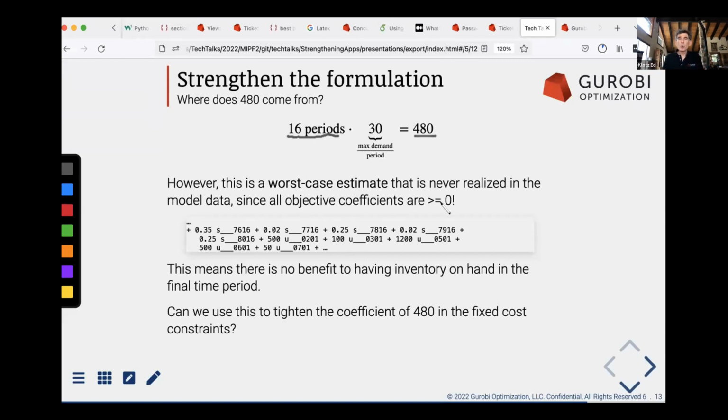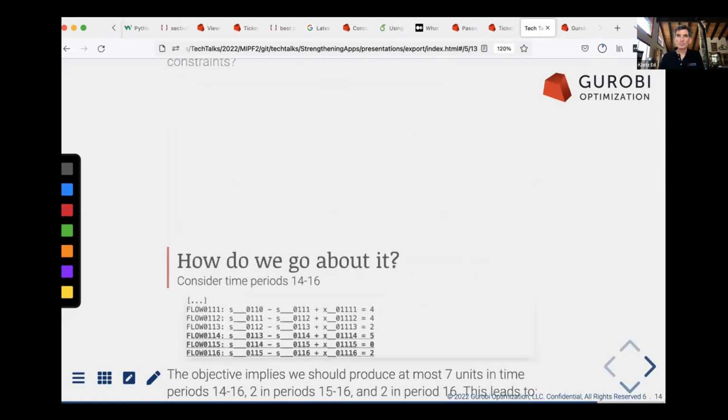If we could get rewarded for having leftover inventory at the end of the process, this approach would no longer hold. But there's no benefit to having inventory on hand in the final time period. And can we use that information to tighten the coefficient of 480 in the fixed cost constraints?